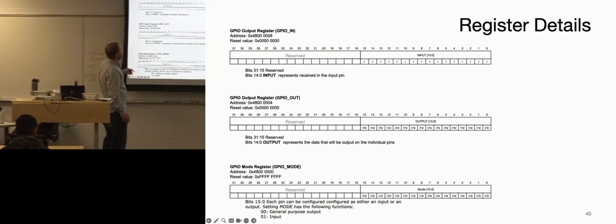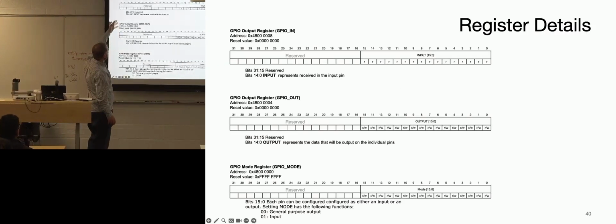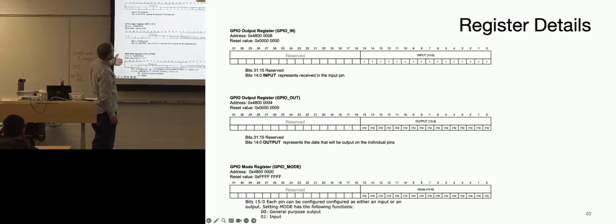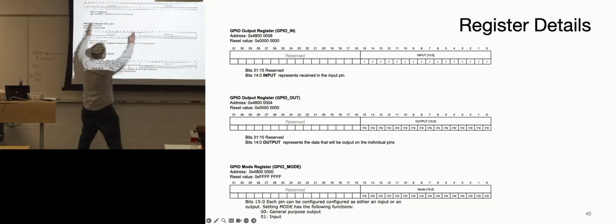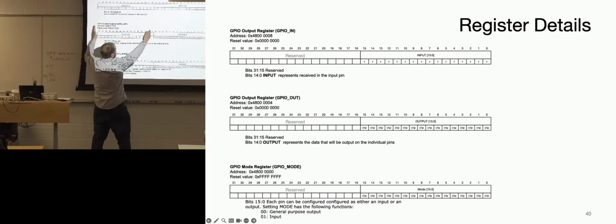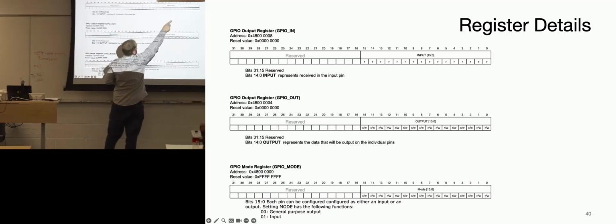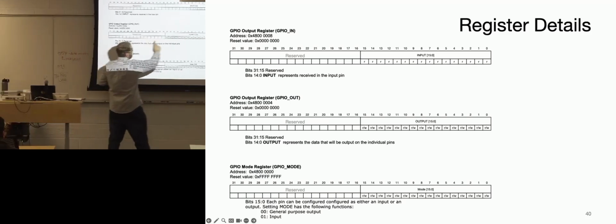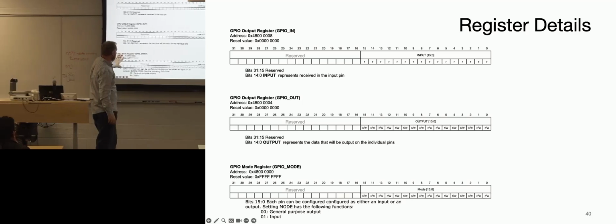Look through here, this is what you would see in an exam or in a data sheet where it says, here's your GPIO out register. It is 32 bits. However, the top is reserved. Those are read only. The top here is reserved, read and write, and then you have a mode configure.